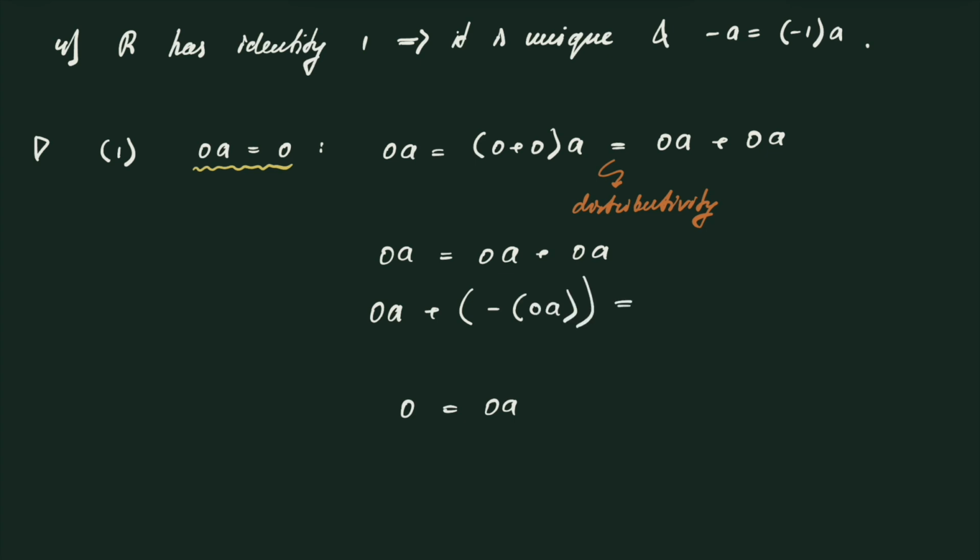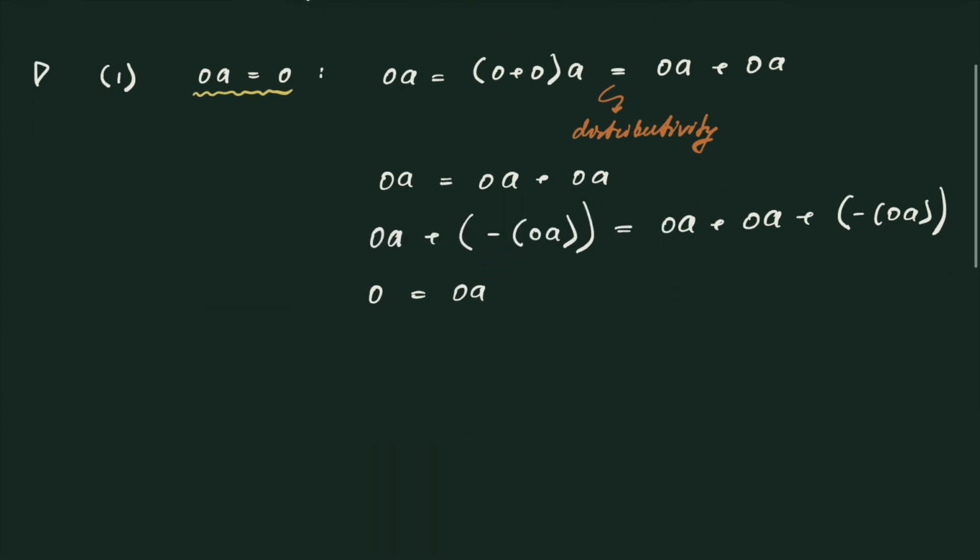Remember, we denoted the additive inverse of an element by minus that element. So we have 0 times a is equal to 0 times a plus 0 times a plus minus 0 times a. And from here we get that 0 is equal to 0 times a, because an element and its additive inverse give 0 by definition, by the axioms we provided for rings.